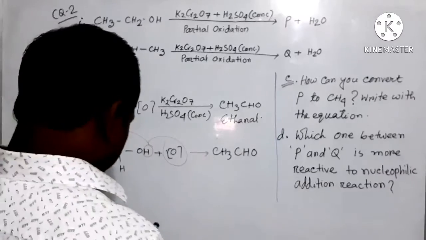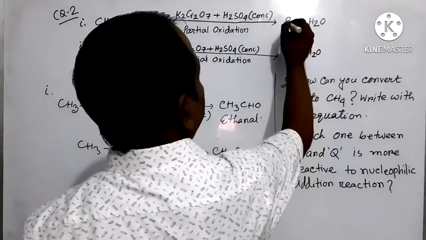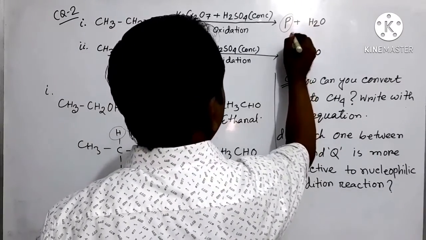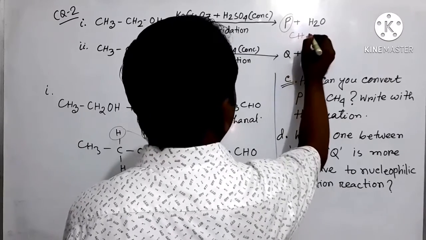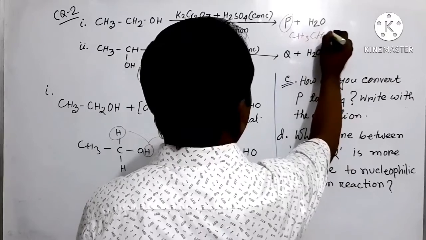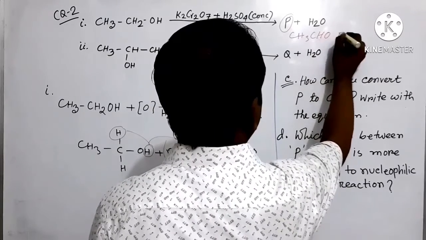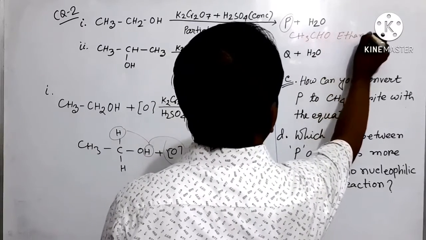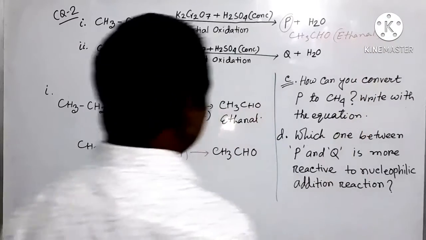So the compound P is CH3CHO, that means ethanal.